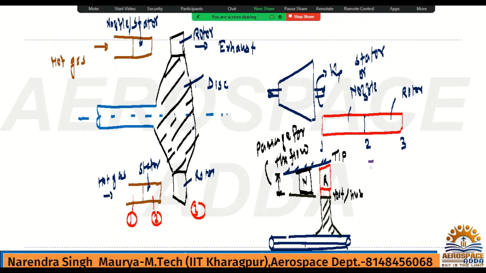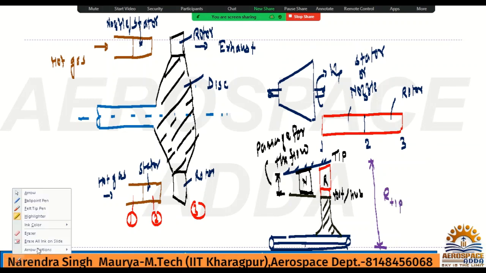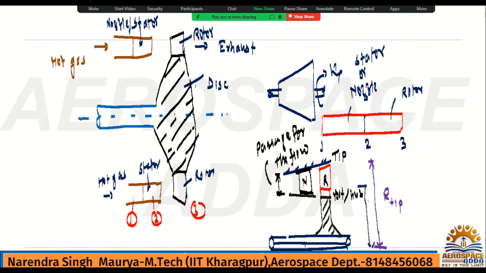So this radius from the base is called R tip, the tip radius, and this radius from here is called R hub. Okay, this diagram you need to remember.